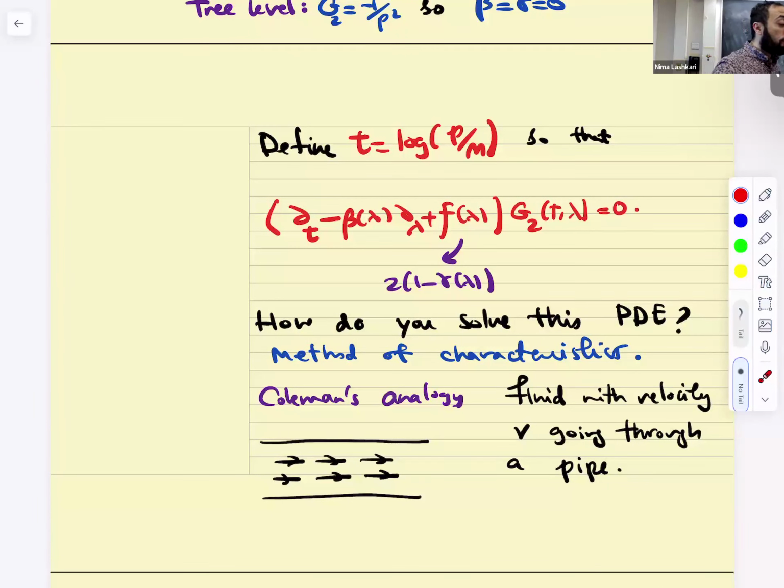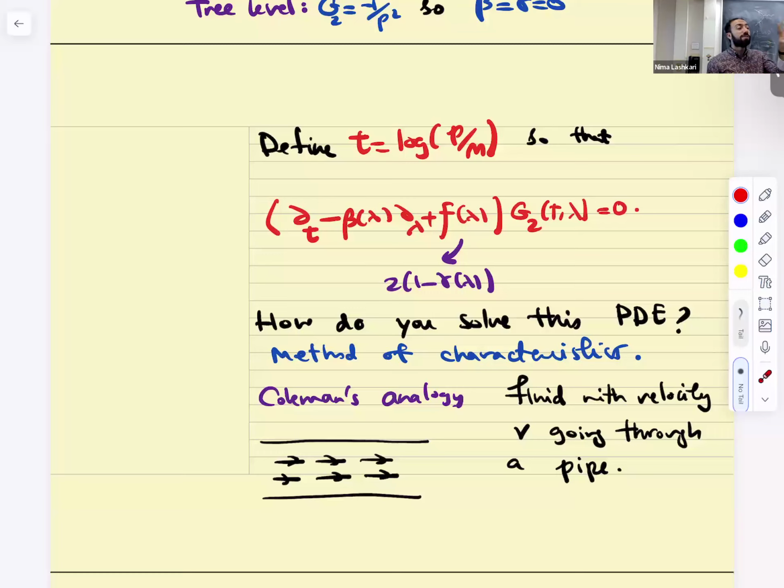There is a colony of bacteria that lives in this water. As the fluid moves around, the colony is just displaced. If the density of bacteria at this point at time t equals 0 was at x, later on the same colony is transported down. What we are after is the density of bacteria at some time t at point x along this pipe.